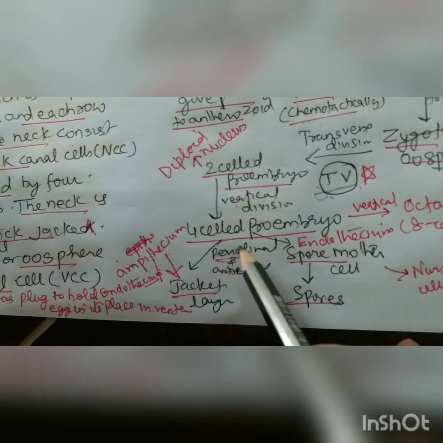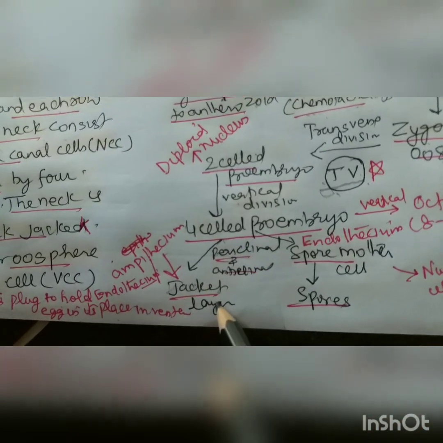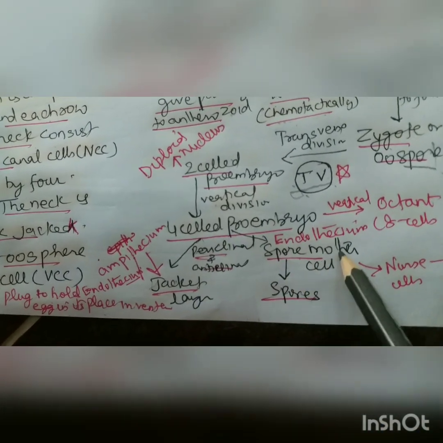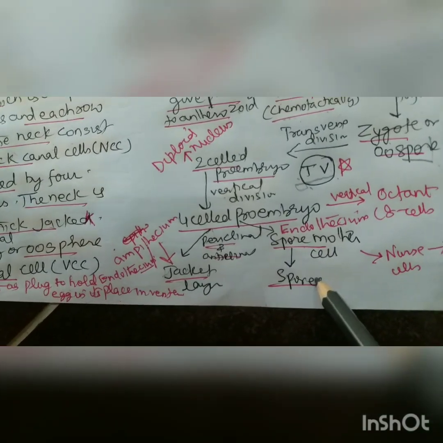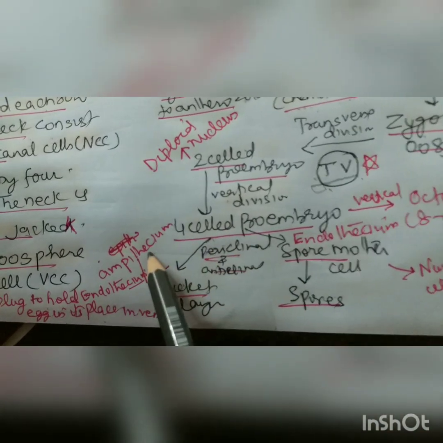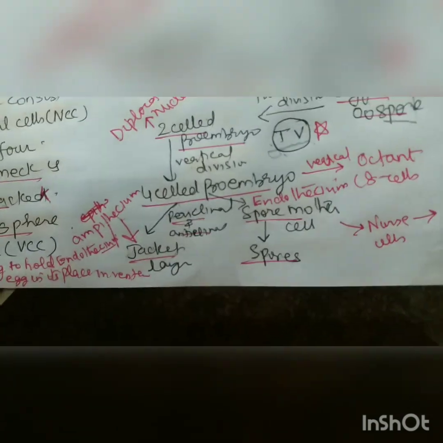And this pro-embryo undergoes periclinal division to form the jacket layer, and then subsequent anticlinal division to form spore mother cells, which will form the spores, right? So by periclinal division it will form amphithecium, which forms the jacket layer, and endothecium, which forms spore mother cells and spores.